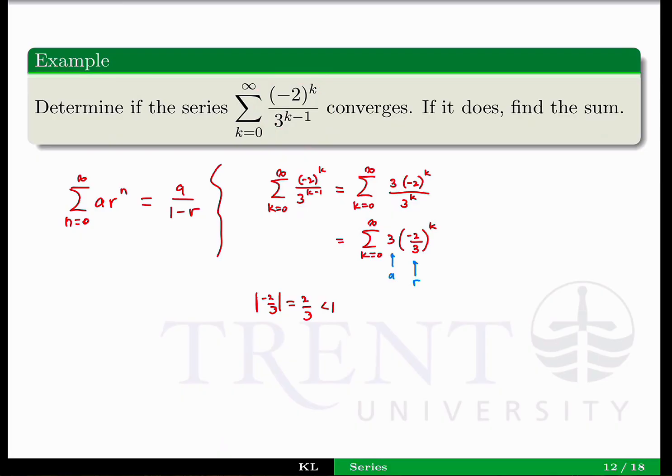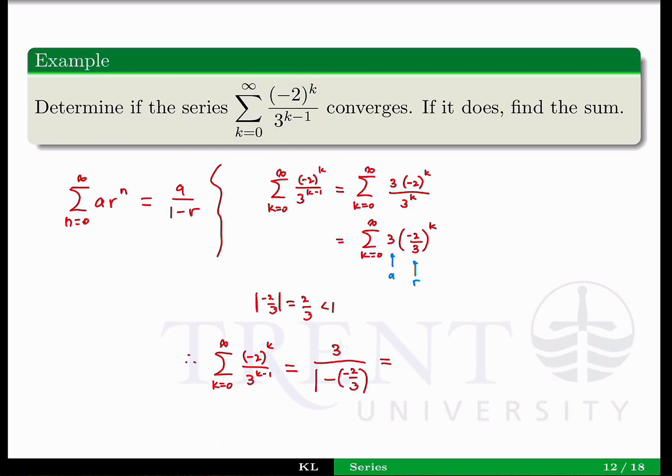So this series converges, and the sum of negative 2 to the power k over 3 to the k minus 1, k from 0 to plus infinity, will be equal to what? A is equal to 3. The denominator will be 1 minus r, but our r is negative 2 over 3.